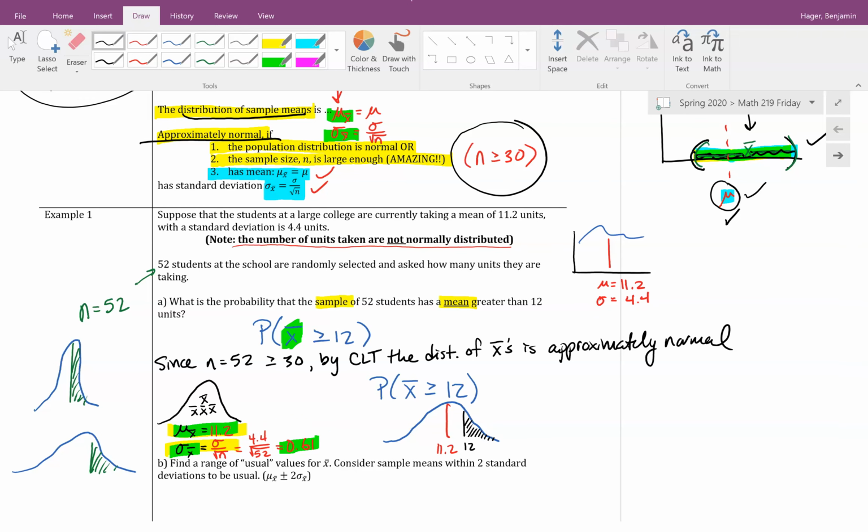But I'll go ahead and do this one using a z-table just to remind you that it can be done that way. It's just a little bit of a pain. If you want to do this with a z-table, that's fine. You would just need to first convert to z-scores.